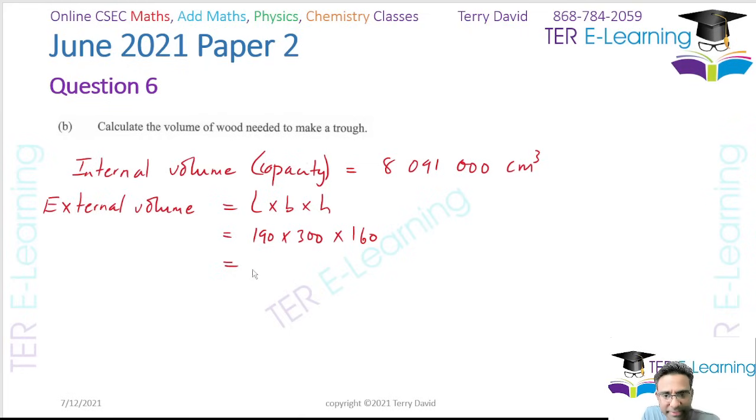And what I'm getting here is 9,120,000, right?